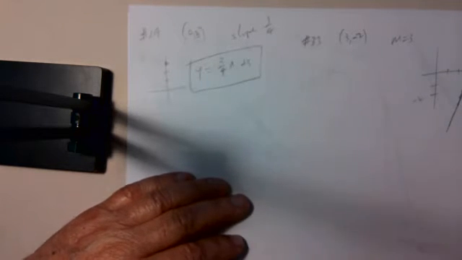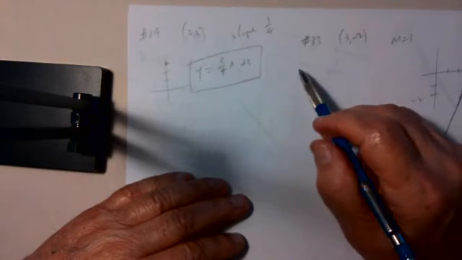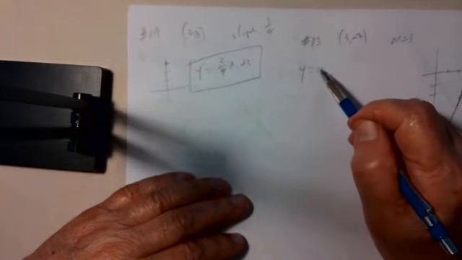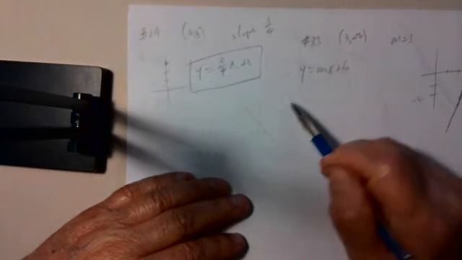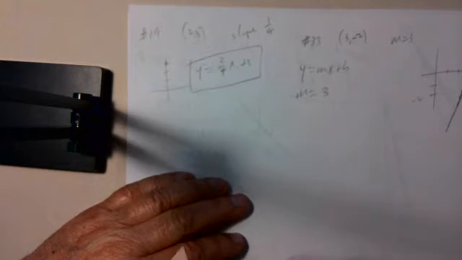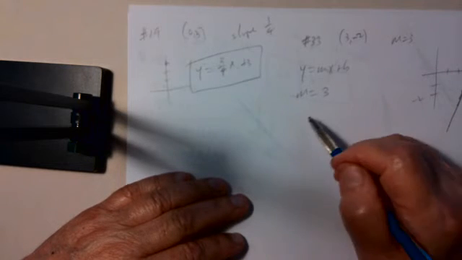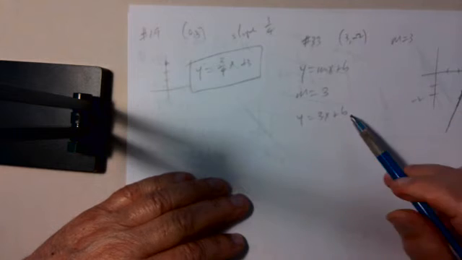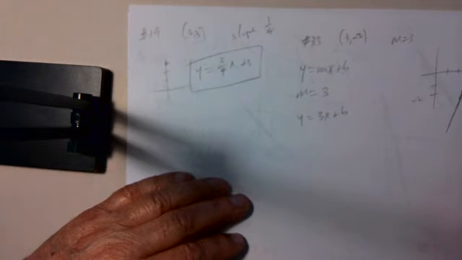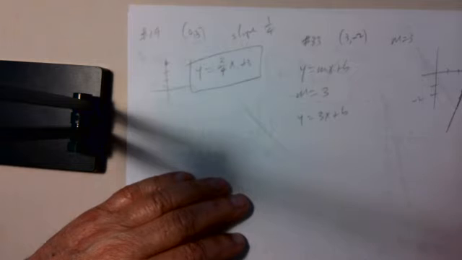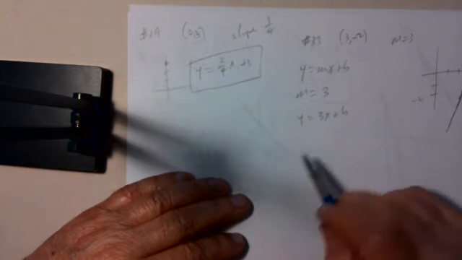Well, we can do this in a couple of ways. One is we could use the slope-intercept formula, y equals mx plus b. We know that m, the slope, is 3, but we don't know b. So y is 3x plus b, and what is b? Well, we're also told the line passes through the point 3, minus 2.